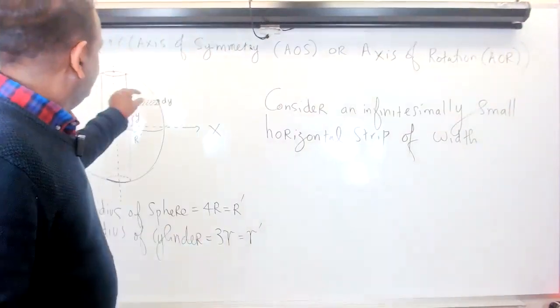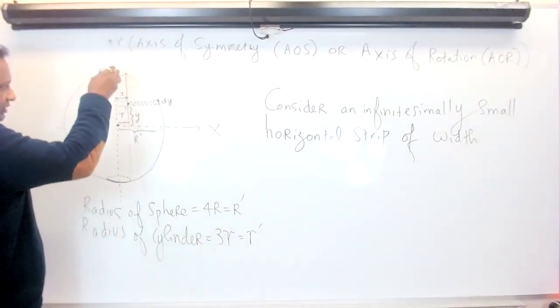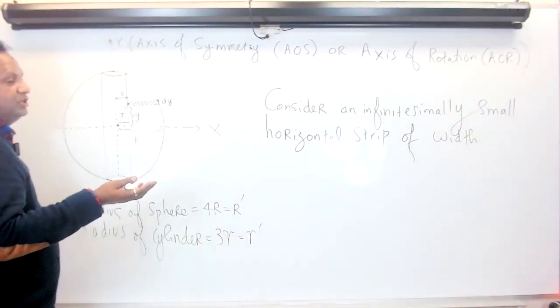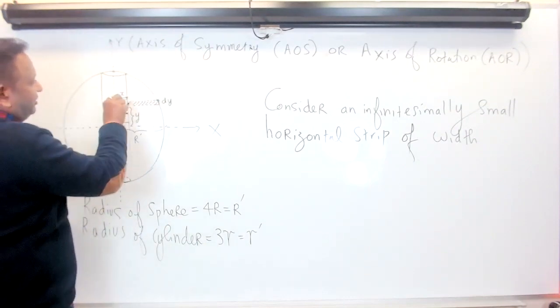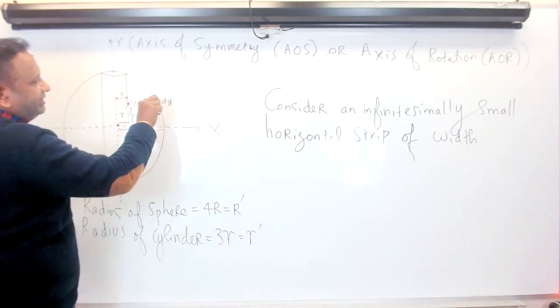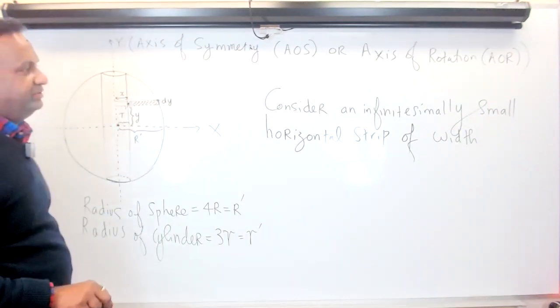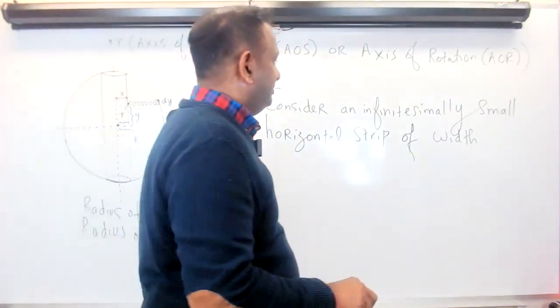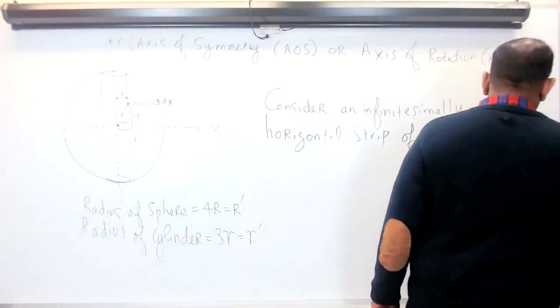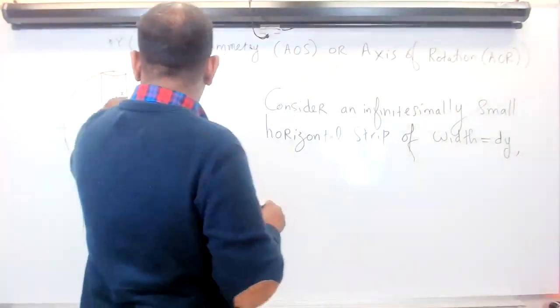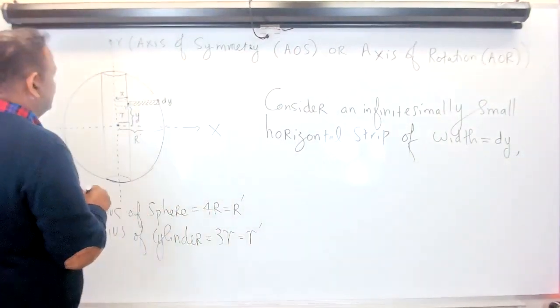You know the reason why we pick this horizontally. If you want, you can go the other way, then we're going to end up with the shell method, okay? This method, because this is perpendicular to the axis of rotation, an infinitesimally small horizontal strip of width equals dy. That strip has some length, okay?